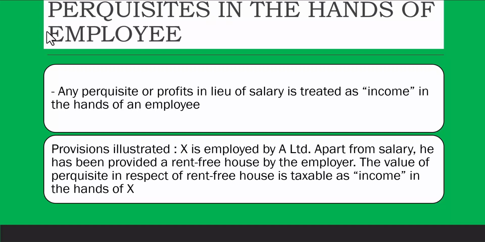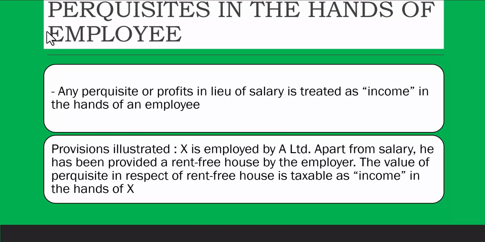So the income tax says that even if the company is giving you a house, that is a perquisite, and you have to pay tax on that house. If the company doesn't give you a house, you would have to take a house on rent, and that rent you would have paid from your salary. Your entire salary is taxable.